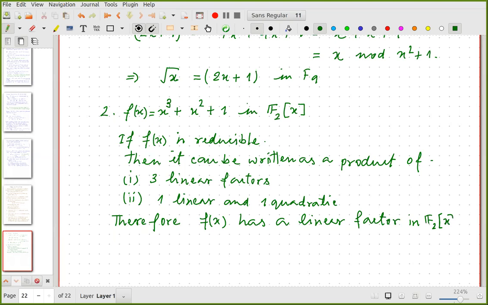Everything is happening in F2[x]. And that would mean that it has a root in F2. So if f(x) has a root in F2.